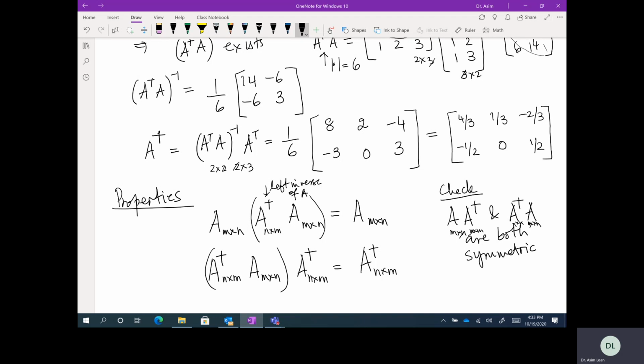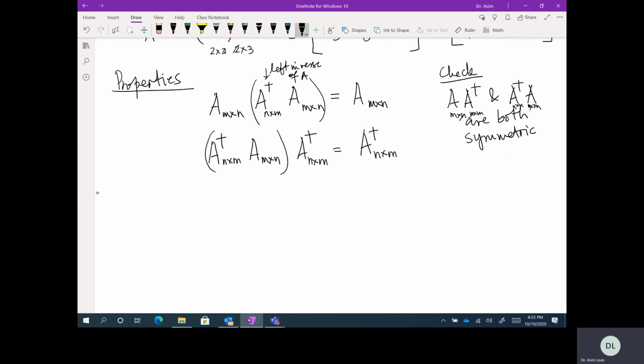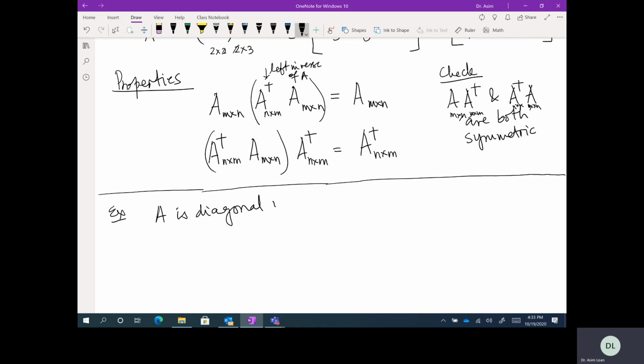Okay, so let's do another example. This is the projection example that we did in chapter 3, but another way to solve it. So A is a diagonal with dependent rows and columns.